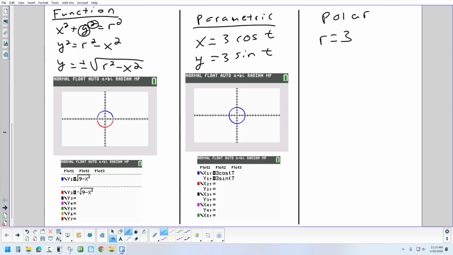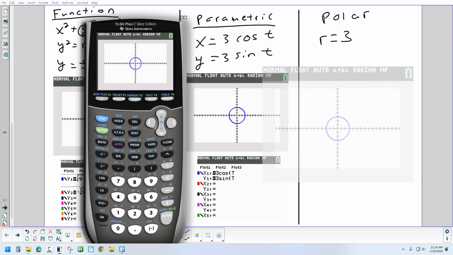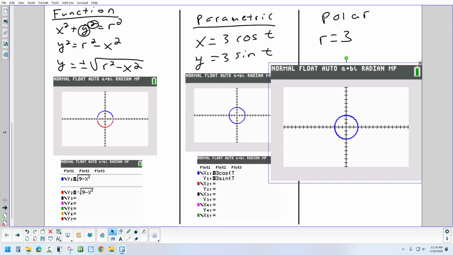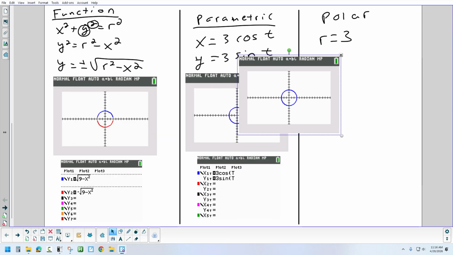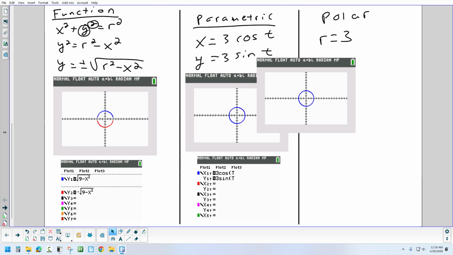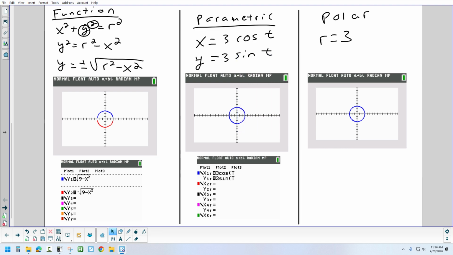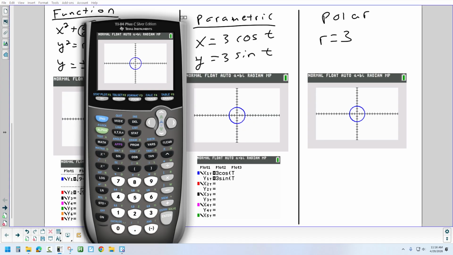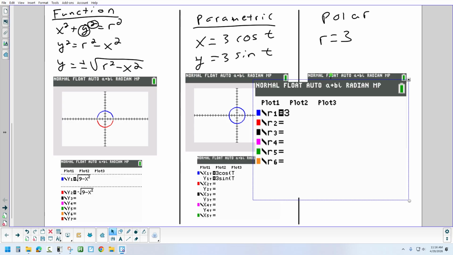So I'll let you decide which equation you think is the simplest. The picture looks pretty much the same as the last one. You wouldn't know that I did that in polar unless I showed you the mode on the calculator because it doesn't say anything here about being in polar. But if I show you the y equals screen, now you know it was in polar because it has an r.